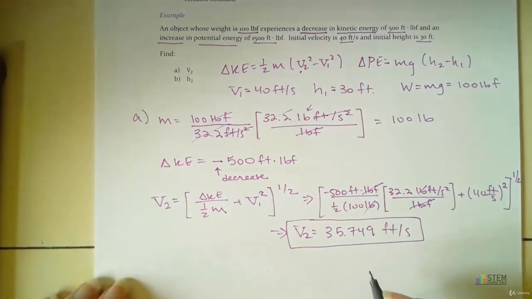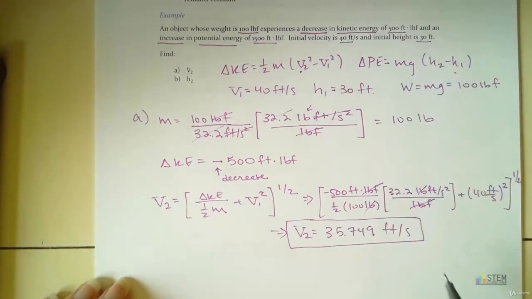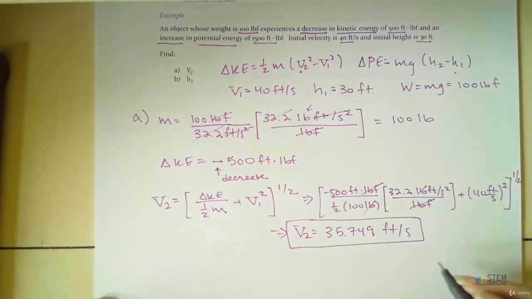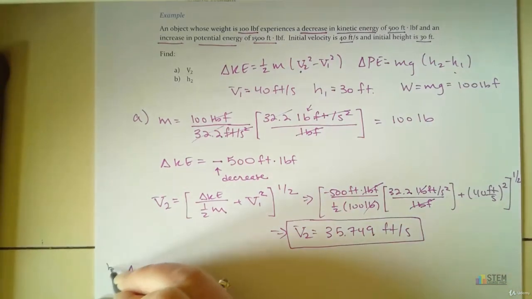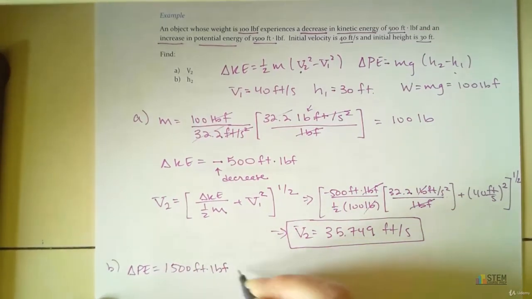Now for our second part, we're going to look at our potential energy equation. So that's this one right here. So it's essentially the weight times the change in height. And we were told we had an increase in potential energy. So here we're going to have a change of 1,500 foot-pound force.